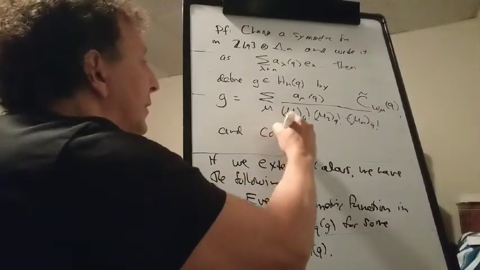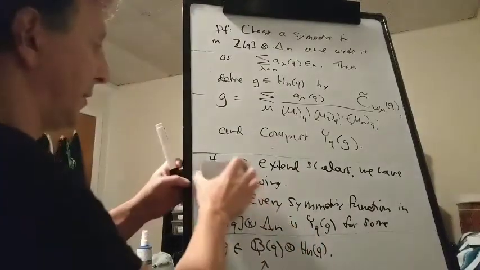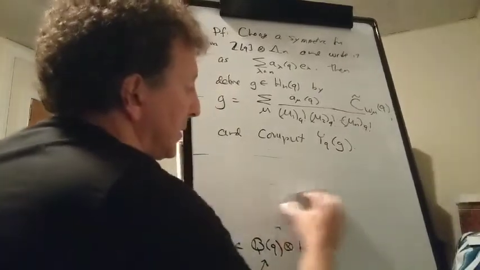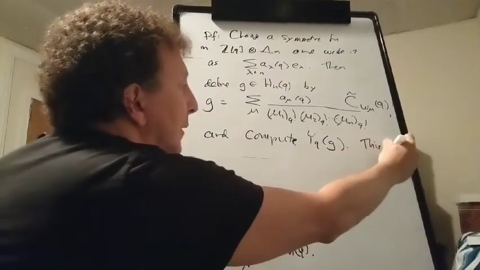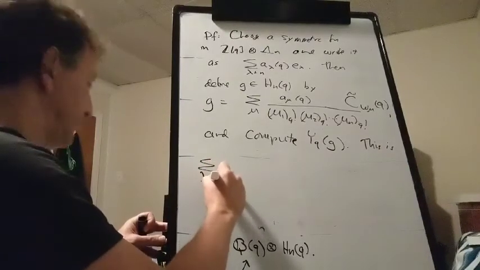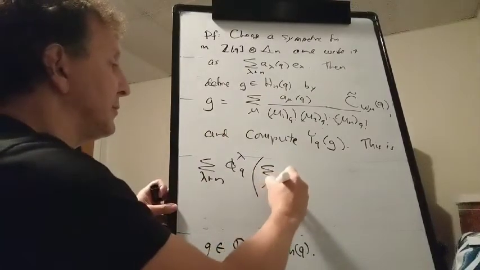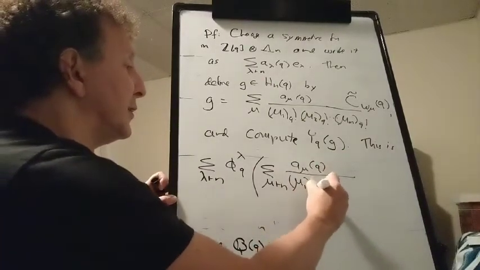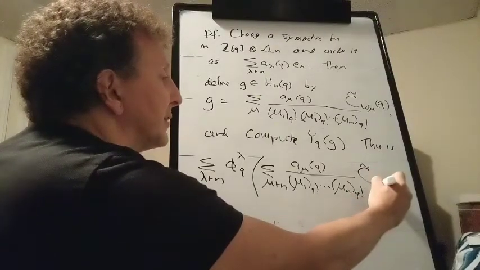And now let's compute y_q of this element G. So this is a sum over all lambda of phi_lambda of this element, sum over mu, a_mu of q over the product of parts of mu, q factorial, times the Kazhdan-Lustig basis element.